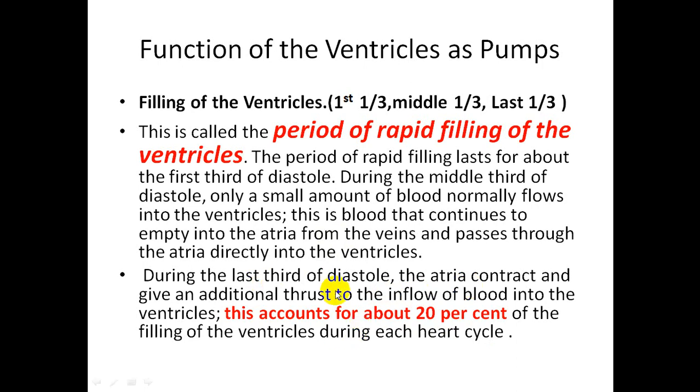During the last third of diastole, the atria contract and give an additional thrust or kick to the flow of blood into the ventricle. This accounts for about 20% of the filling of the ventricle during each cardiac cycle.